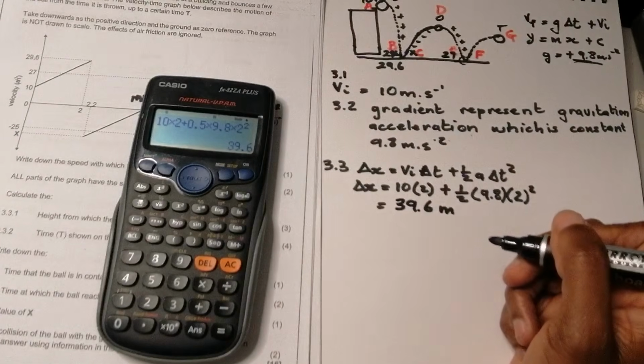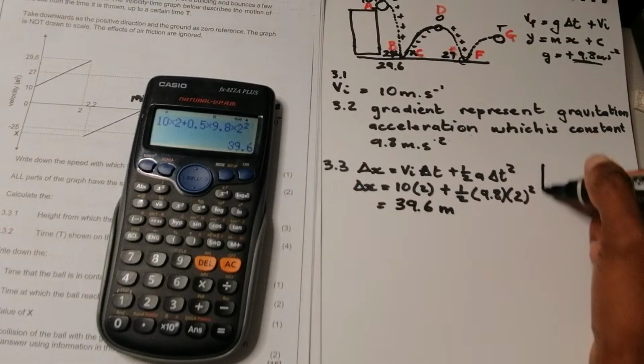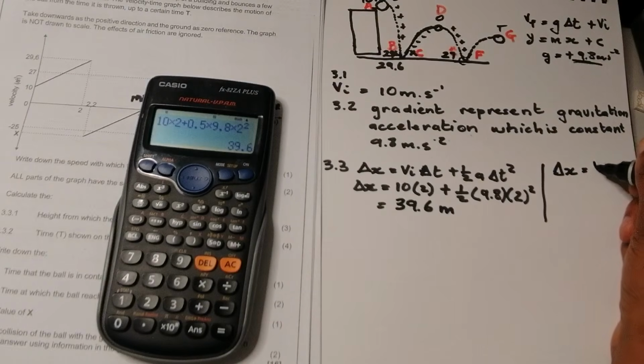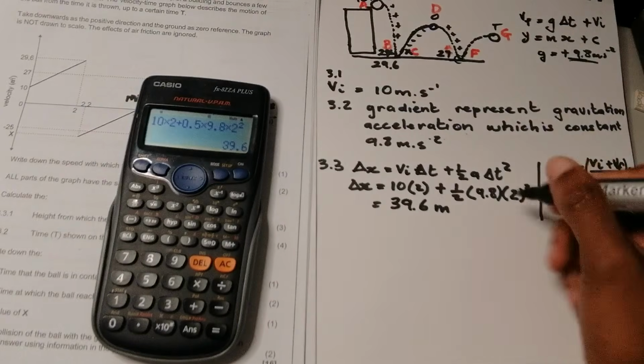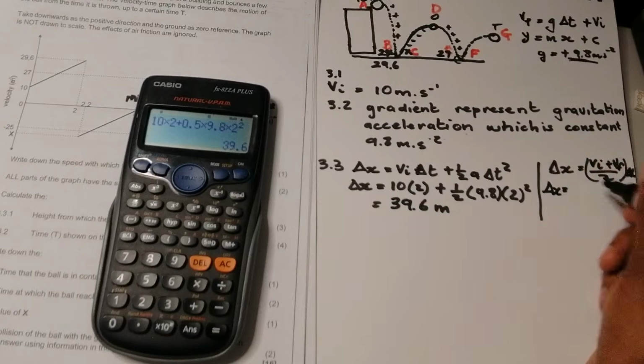You could have chosen a different equation to use. Perhaps you could have used delta x is equal to vi plus vf over 2, times delta t. Sorry about that, writing right at the edge. You would have gotten the very same answer as well.